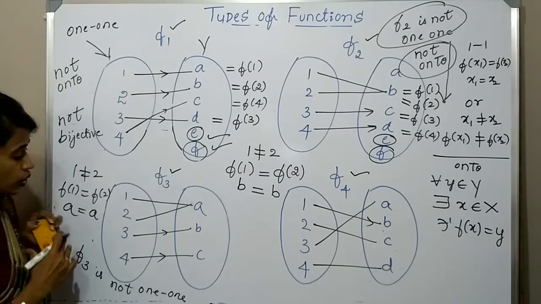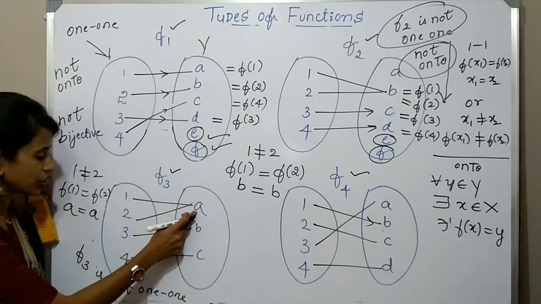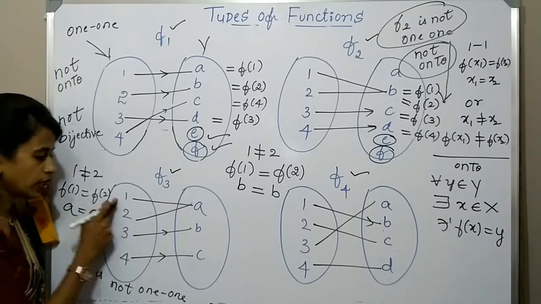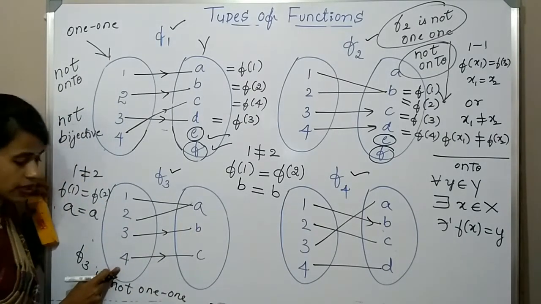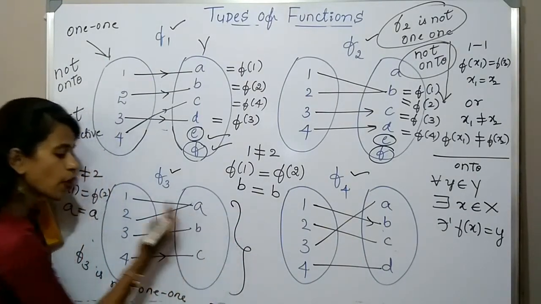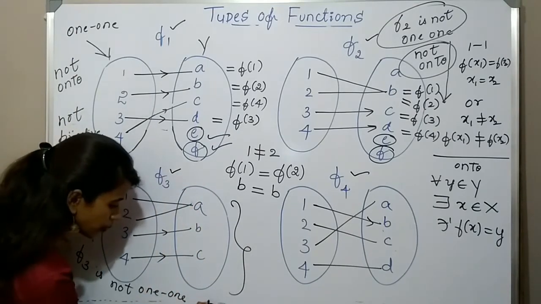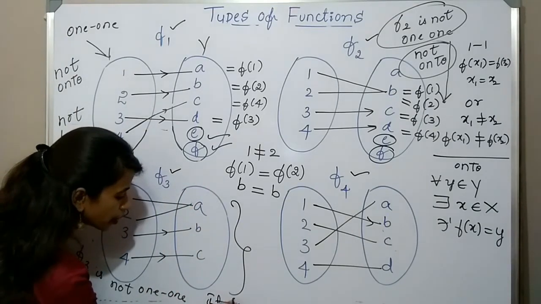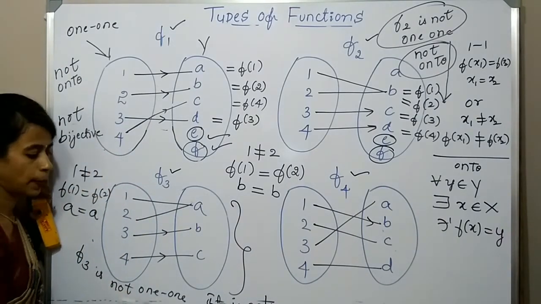Okay, so next, what about onto-ness? Here, A has the pre-images, namely 2 and 1. B also has a pre-image, say 3. C also has a pre-image, say 4. Every element of the codomain has a corresponding pre-image in the domain. Therefore, it is onto. So, it is not 1-1, but it is onto.